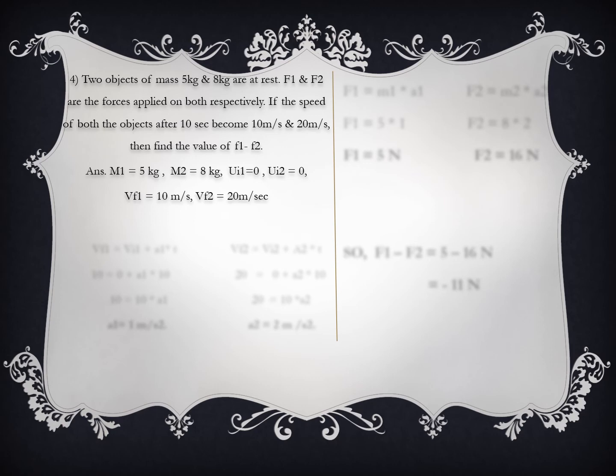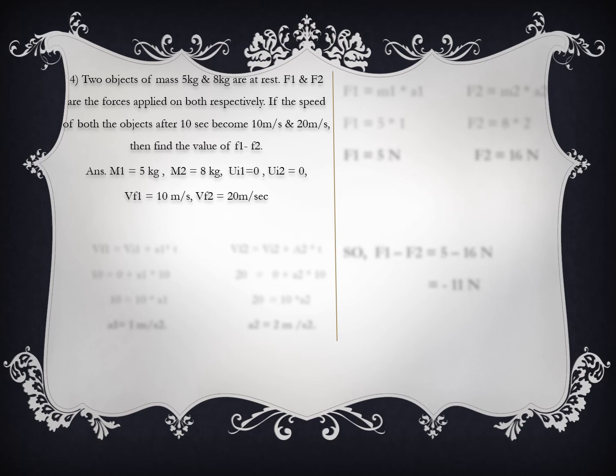On the first object the force applied is F1, and on the second object the force applied is F2 respectively. The time is given as 10 seconds, the final velocity Vf1 of object 1 is 10 meter per second, and the second object's final velocity Vf2 is 20 meter per second. Then we have to find the value of F2 minus F1.